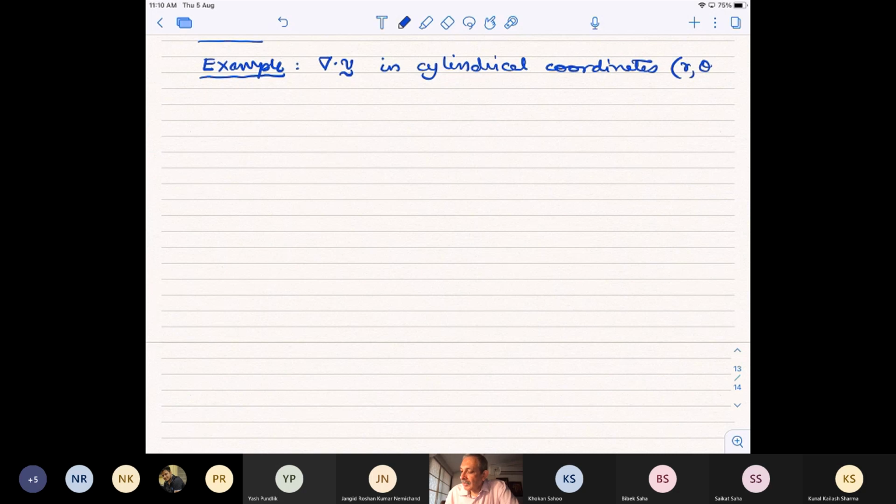Cylindrical coordinates are R, theta, and Z. Now let's just look at the R and theta coordinates. How do they relate to X and Y? Supposing this is my X axis and this is my Y axis, and supposing this is my unit vector e_x, and let's say this is my unit vector e_y.